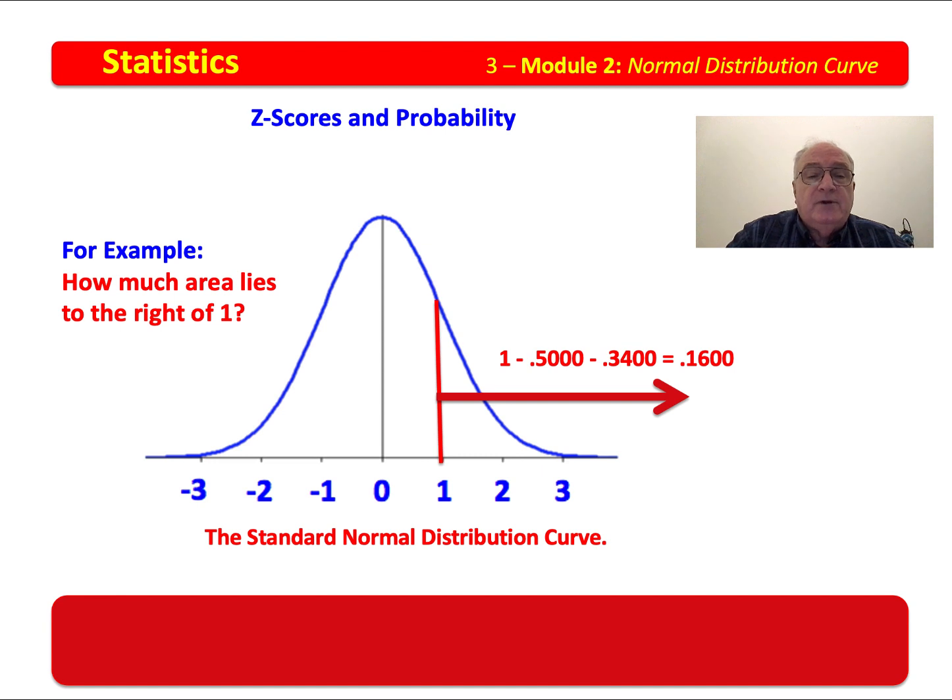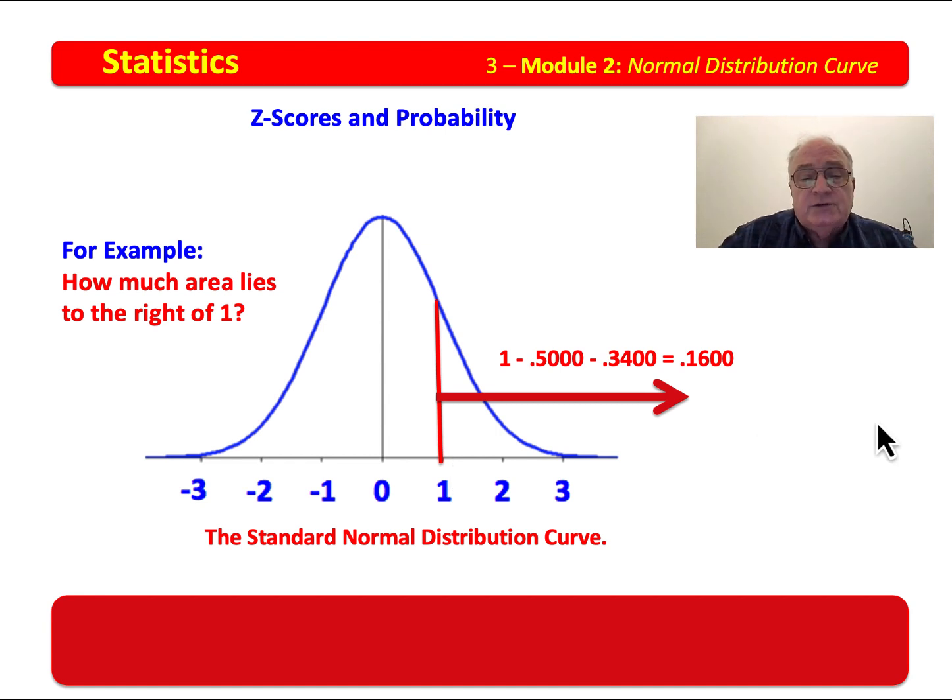For example, how much area lies to the right of 1? Well, we know that there's 50% less than 0, there's 50% above 0. We know that there's 34% here, so the entire area is 1, minus this 50%, minus that 34%, means that we have 16% of the data lying one standard deviation above the mean, or to the right of that.